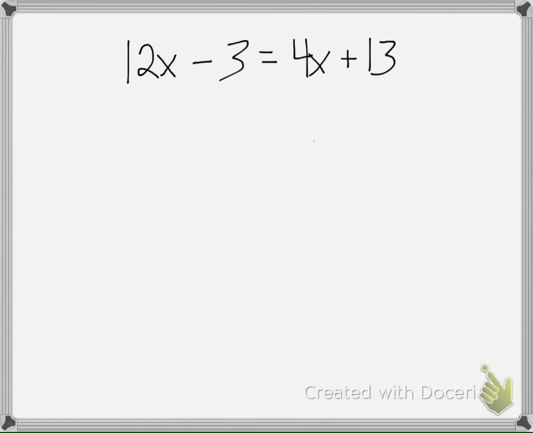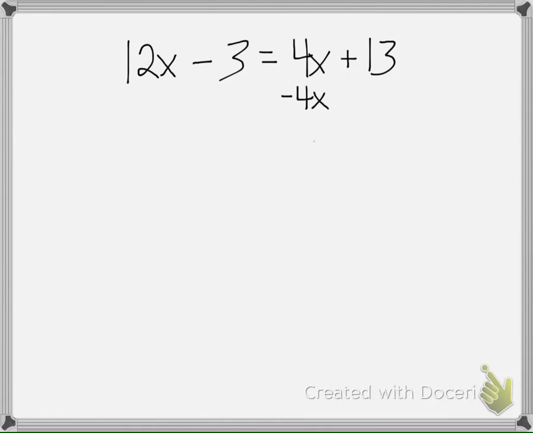No matter what 4x is, whether x is 3 and it's worth 12, or whether x is 2 and it's worth 8, whatever it is, I know for sure that if I take 4x away from 4x, it's going to leave me with 0. The nice thing is that even though we don't know what 4x is, we know for sure that it is some number, and that means if you take it away from itself, you're going to be left with nothing, right?